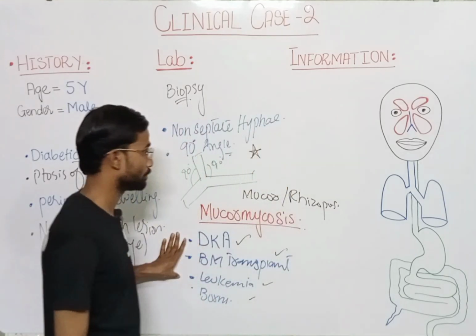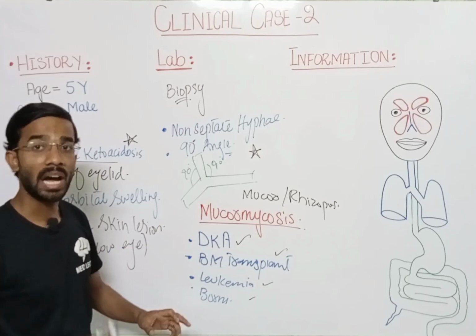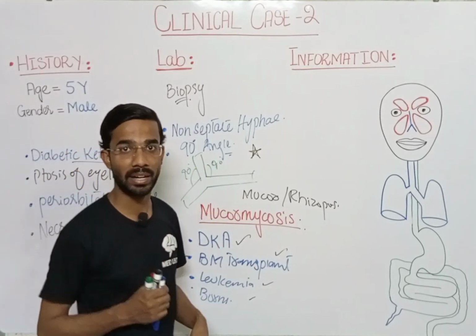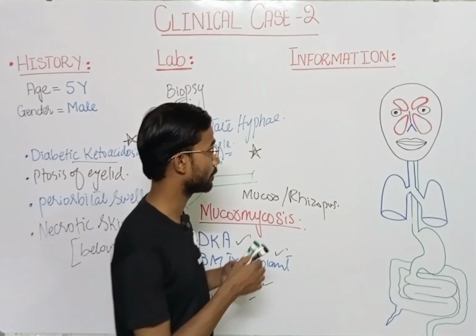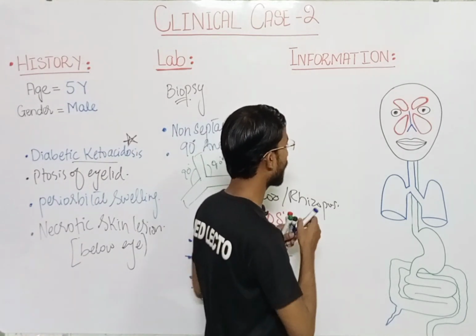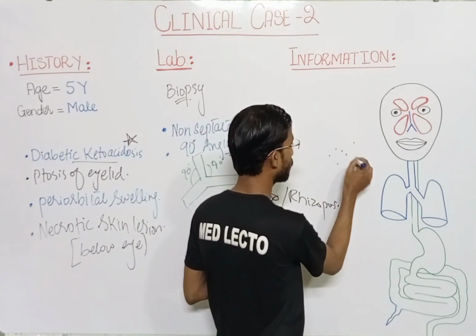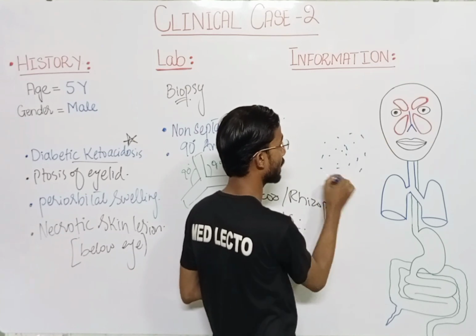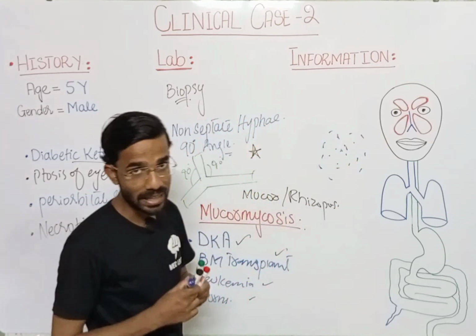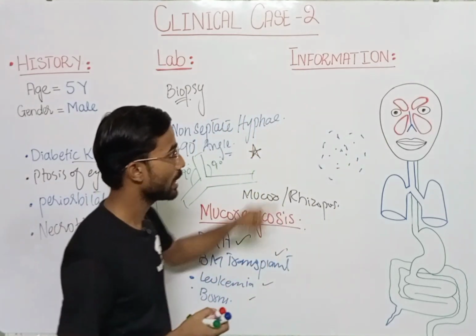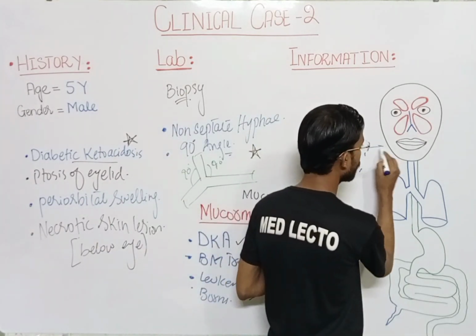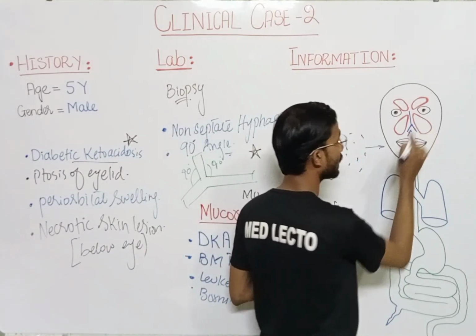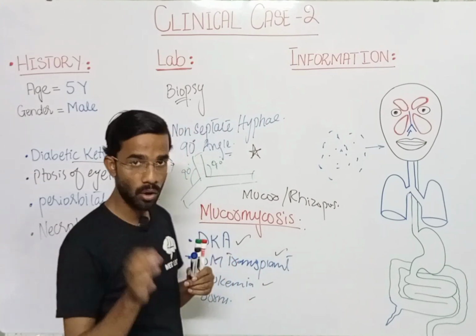Now let's see how the fungus enters our body and affects the body. The spores of the fungus are present in the environment, and they can enter our body through different pathways. It can enter through the mouth, and it can also enter through the nose.